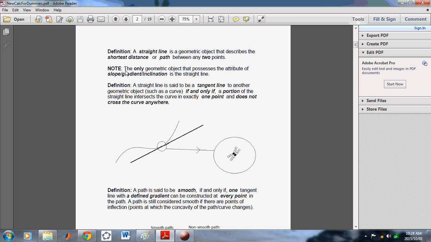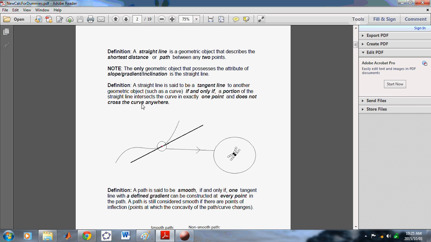It's very important to note that the only geometric object that possesses the attribute of slope, gradient, or inclination is the straight line. No other geometric object possesses that attribute. While some might say the gradient of the curve at a point, what they really mean is the slope of the tangent line at that point, because a curve, which is not a straight line, does not have a slope.